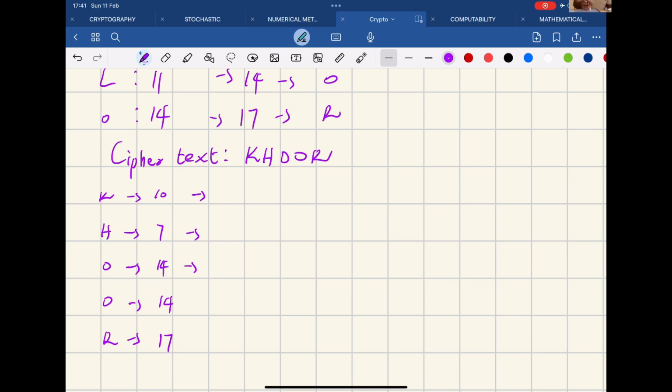If I subtract 3 from these, I'm going to get 7, 4, then 11, then 14. Now we know that 7 is H, 4 is E, 11 is L, and 14 is O. So now the person receiving the message can see that indeed you want to send hello. So it's just a form of greeting.